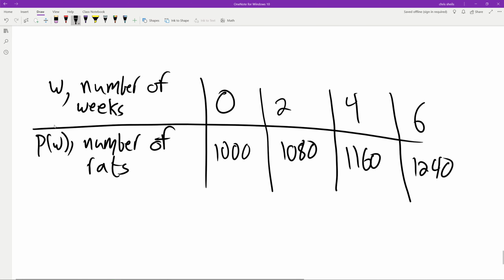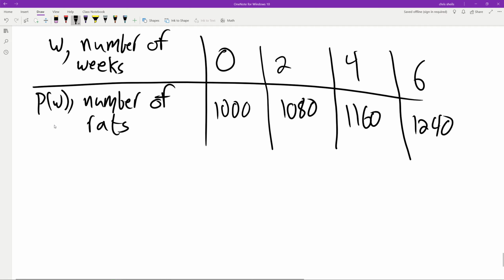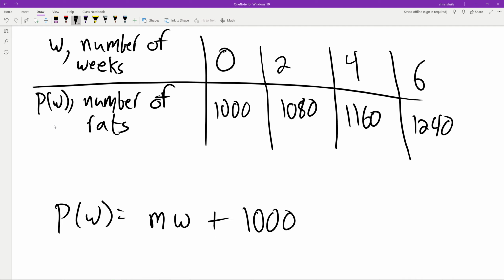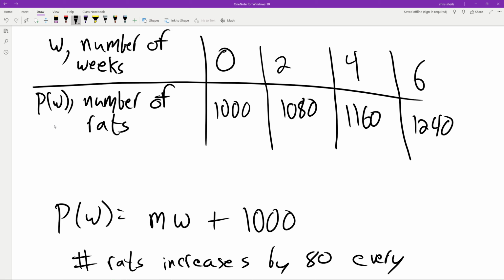Here, we might see that my initial value of rats is 1,000. So we might say that P of W is M times W, because W is our number of weeks here, plus 1,000. Now, we can either solve for M, or we can notice that the number of rats goes up by 80 every 2 weeks.